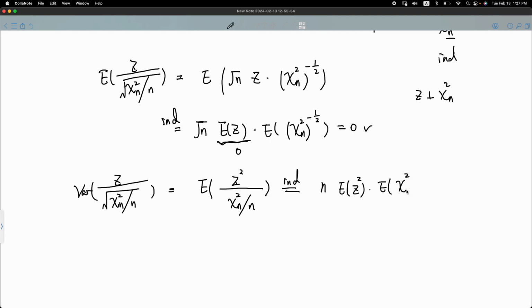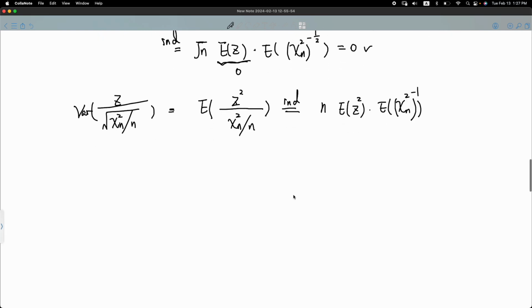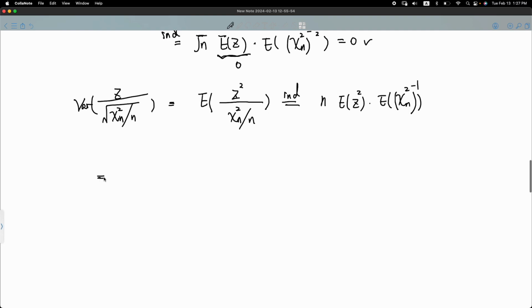Let's elaborate further. The second moment is equal to the variance plus the square of the first moment, which is the mean. Since Z is normal, this is just 1 plus 0 squared. But I'm going to use arbitrary notation here.